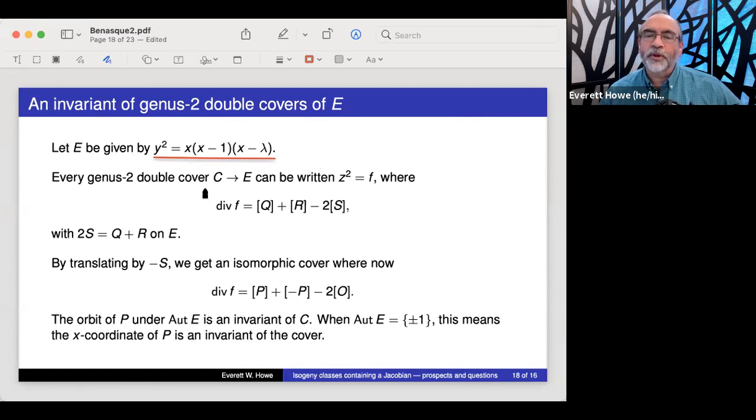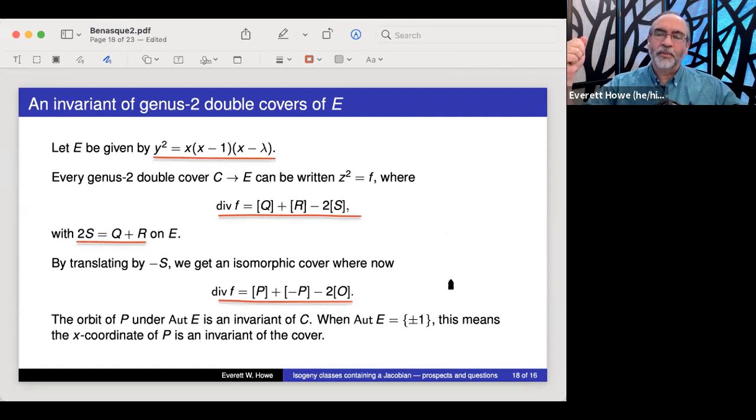Every genus 2 double cover of E can be written as z squared equals F, where the divisor of F has 2 points with multiplicity 1, and then you have to subtract an S. For this to work, this condition has to hold in the group of points of E. If you translate everything by minus S, you get an isomorphic cover where now the divisor of F is a point P, the point's opposite, minus twice the origin.